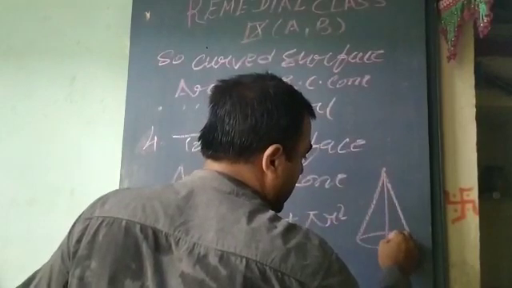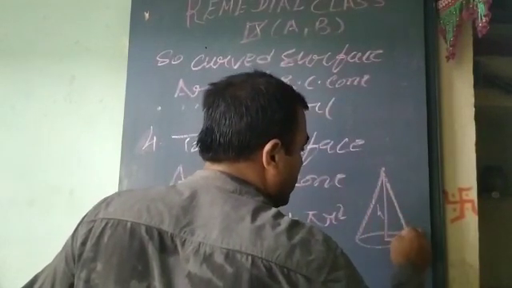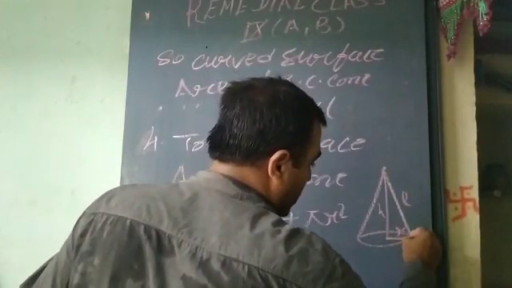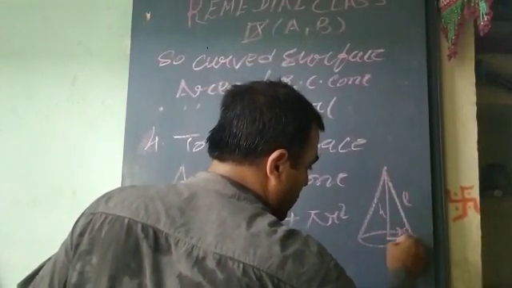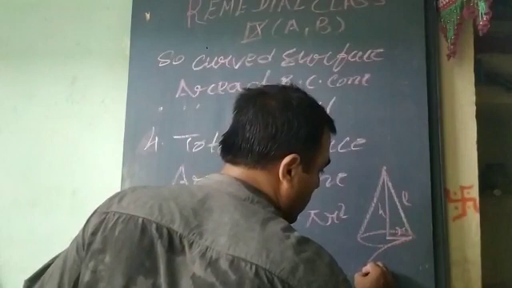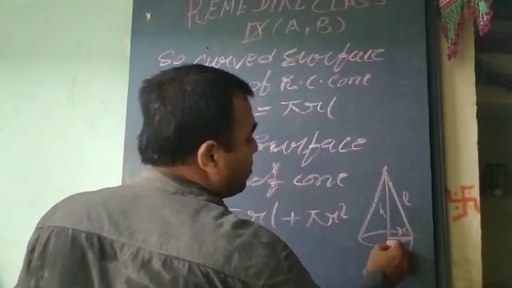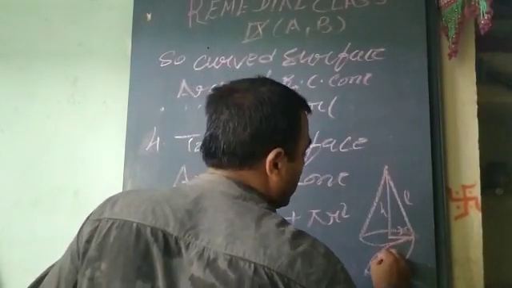This is the height h, r, and L, and this will be the base, the open portion, which we have to find. So this base will be pi r square.